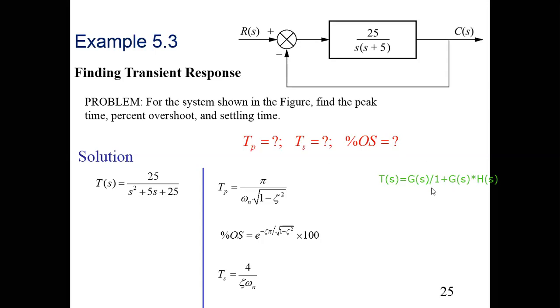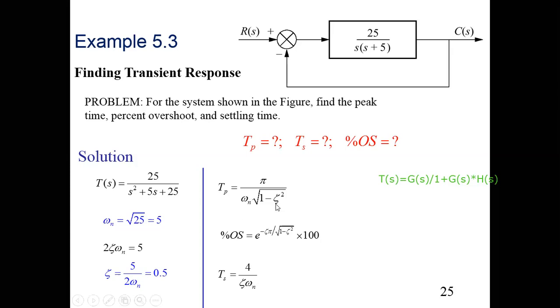So putting the values in this formula, we get T of S equal to 25 over S square plus 5S plus 25. Comparing with the general second order system, we find omega n is equal to square root of 25, which is equal to 5, and 2 zeta omega n is equal to 5. From there, we get the value of zeta, which is equal to 5 over 10, equal to 0.5.